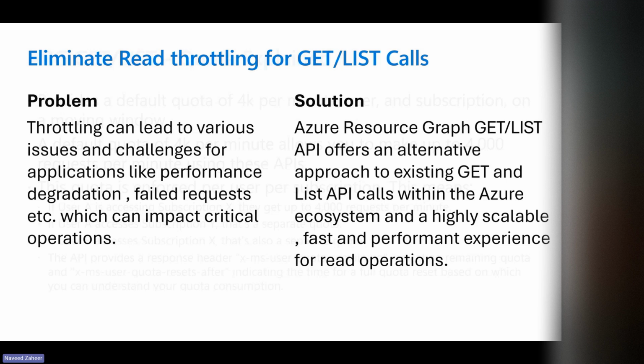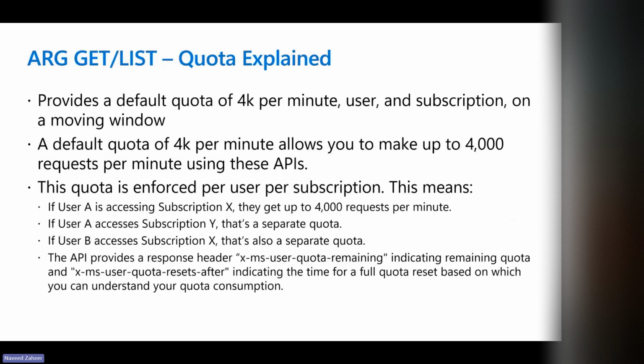So first of all, let's talk about the quota. Instead of 15 requests per minute, which is ARM, it is 4K per minute per user per subscription. Let's say that I am user A, accessing a subscription. I have a 4K quota for making these calls per minute. And then I'm accessing subscription Y, same quota.